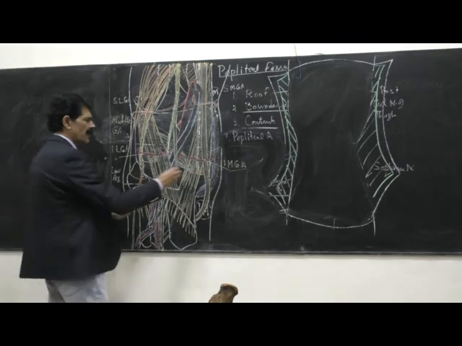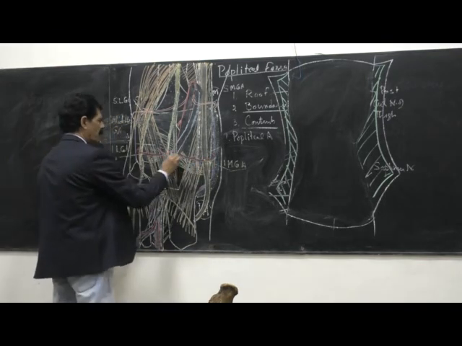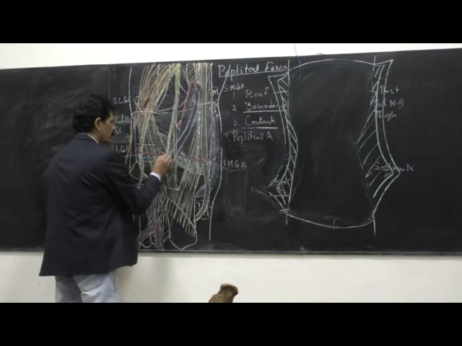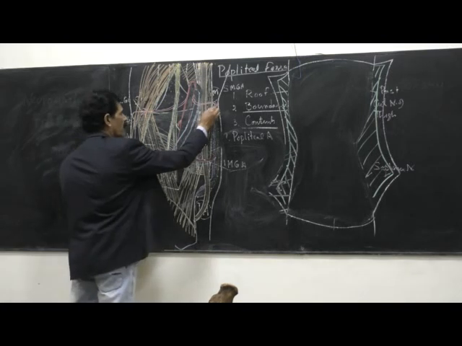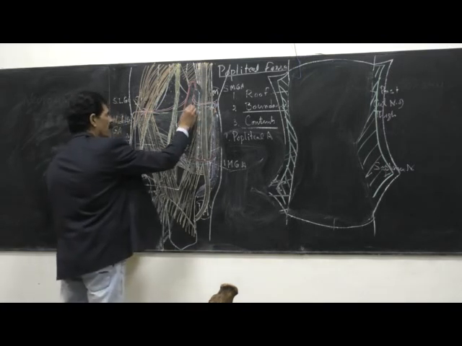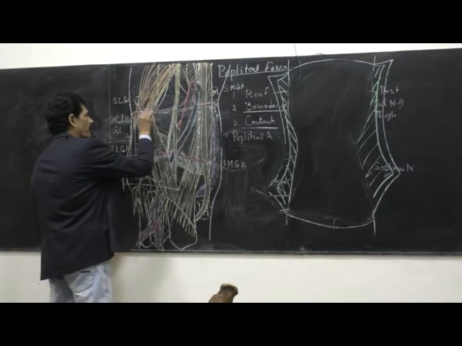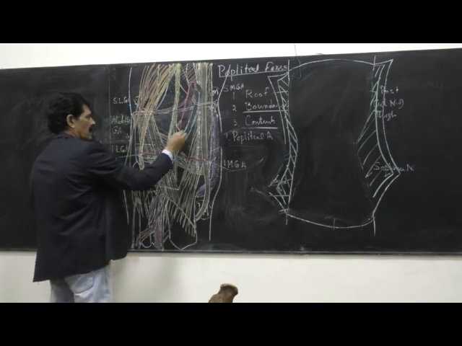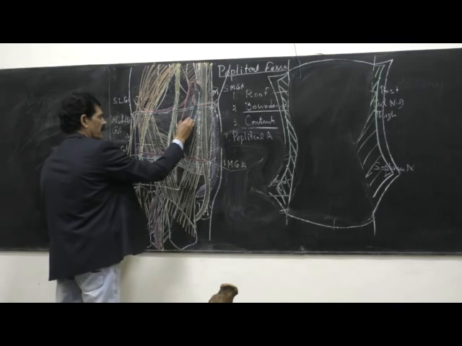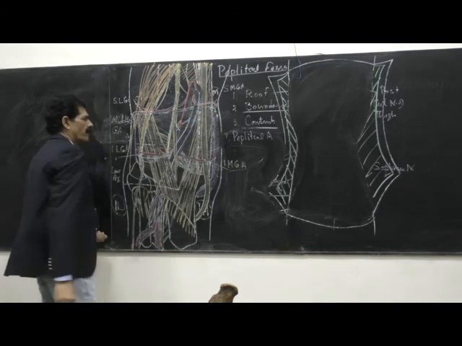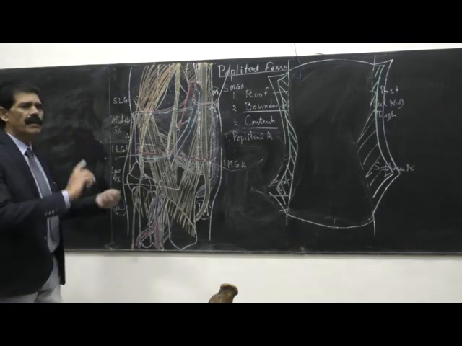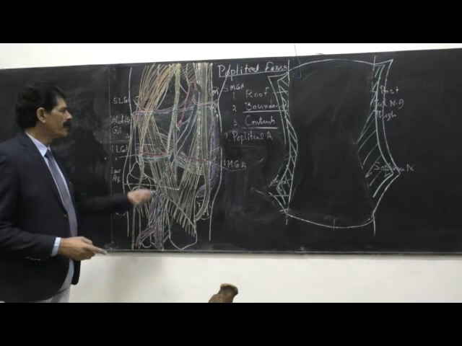Accompanied by the arteries, we know all the veins come and open into the popliteal vein. So this is how the popliteal vein has the venous collection. Wherever the artery goes, the veins come. So this is the arterial anastomosis around the knee joint.